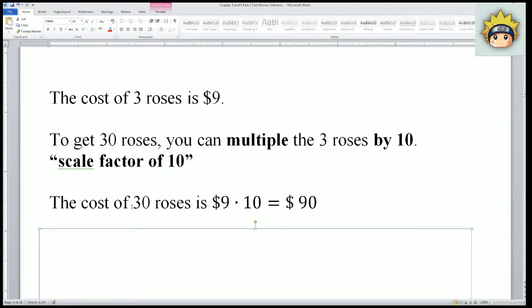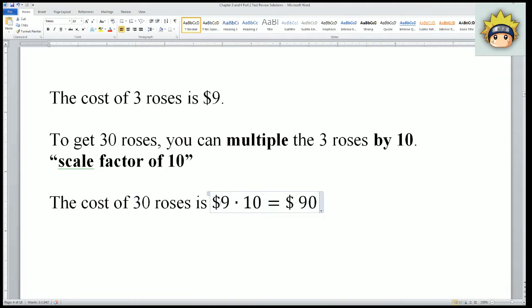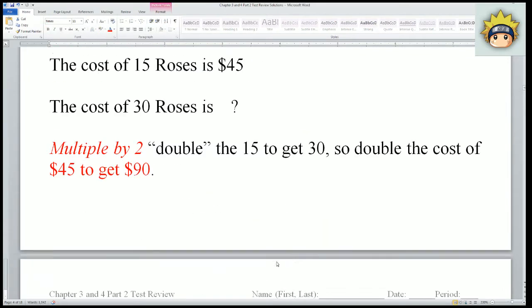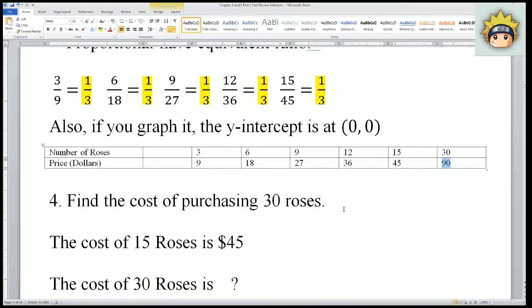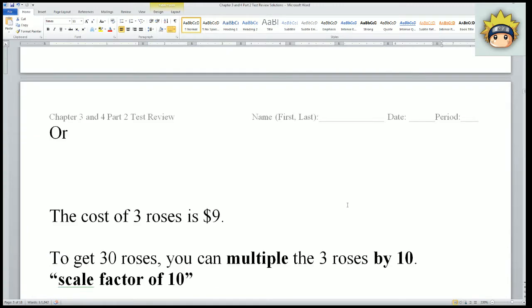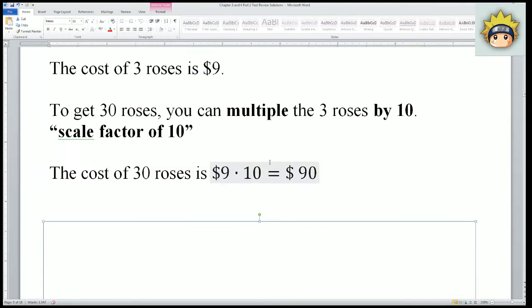So the cost of 30 roses is 9 times 10, because again we're multiplying it by a scale factor of 10. Why do I multiply it by a scale factor of 10? That's how you go from 3 to 30. 9 times 10 equals $90. So either way you do it, you should still get $90 as the price when you have 30 roses. Good?